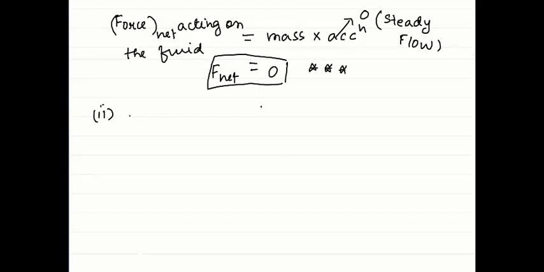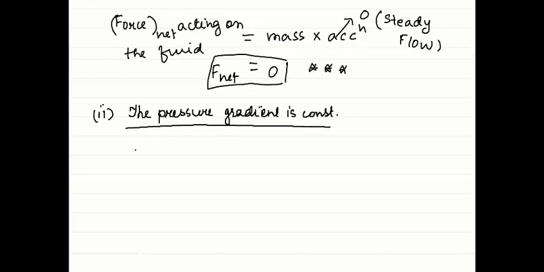And the second assumption is that the pressure gradient is constant. Now what do you mean by pressure gradient? Pressure is denoted as P, and when it is taken upon length we call it the pressure gradient.